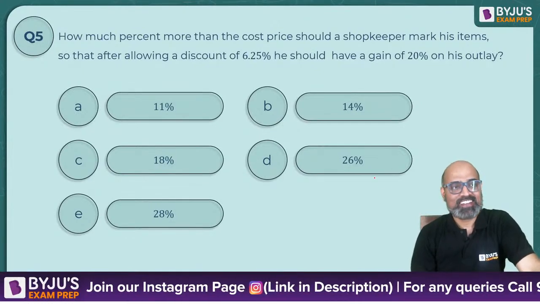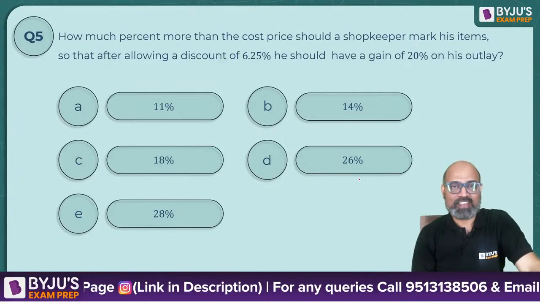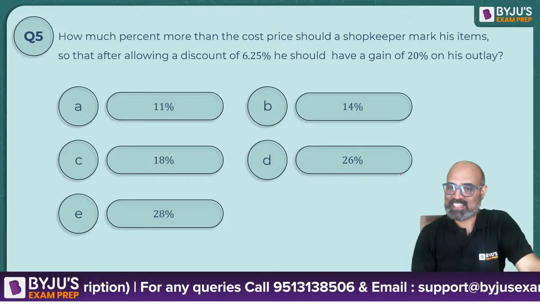Pratmesh says E. Done Rohan, I saw the E. Jeet says E. Okay, fine.